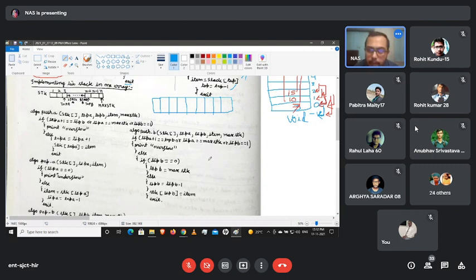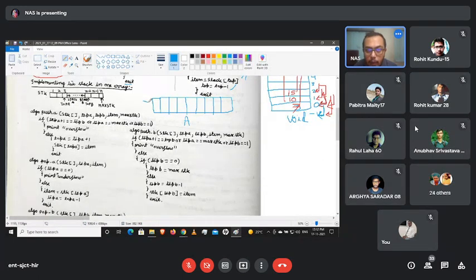Let's say this one is our array. As we know, stack operation only occurs on a single side, but here we are implementing 2 stacks. So what will be the way to insert here?